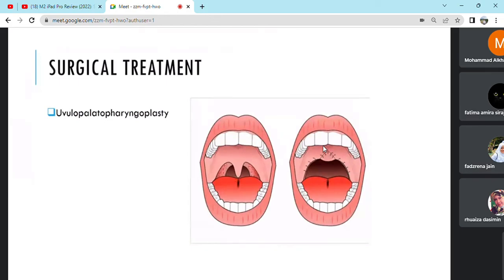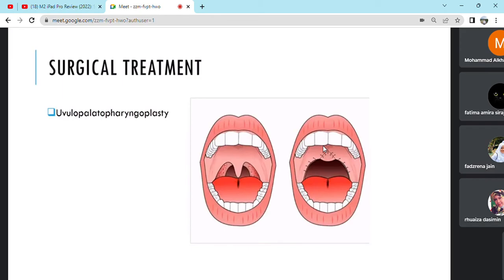You do not see any opening once you assess your patient, because it is obstructed by the palatine tonsils and, of course, your uvula plus your tongue. So you really cannot see anything there. So that's the time that you will have video assisted intubation, as we call it.